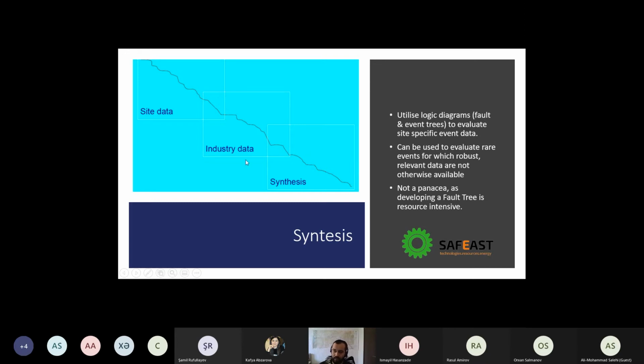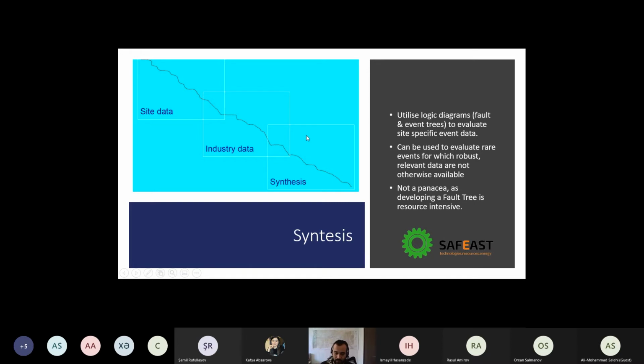Industry data will most of the time be very robust, but it may not be relevant. So to balance them, you should use a synthesis technique to make it balanced for your specific case.